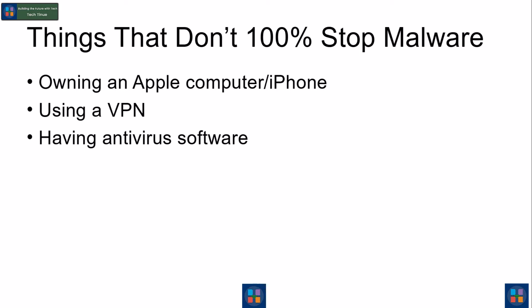And then having antivirus software, it will help a lot. Antivirus software helps a lot in mitigating most problems, but it's not 100% guaranteed. Especially if a new development is made. Bad people are always trying to make new malware.